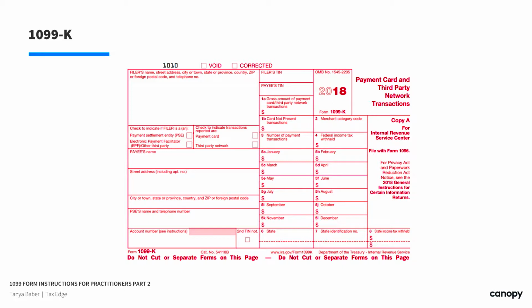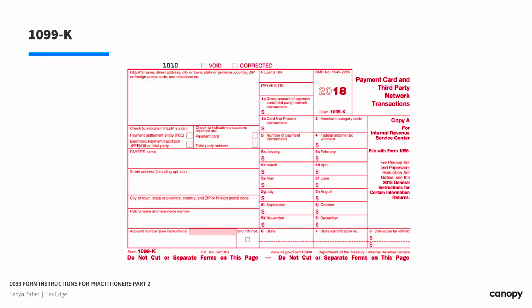So think of some of our accounting systems or our clients' accounting systems. The question that I'd ask is, are you aware of or are you separating the type of payment? Are you looking at just the cash and check payments, or are you including all types of payments? Because if it's paid by that credit card, it doesn't have to be included on that 1099, and in fact, it's not supposed to be according to the instructions because it's double reported and it's already included on a 1099-K. So that's one of the takeaways.